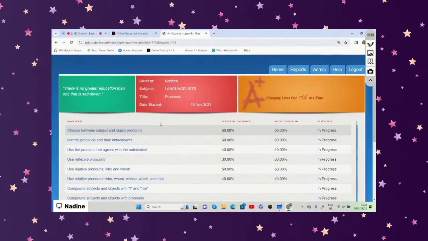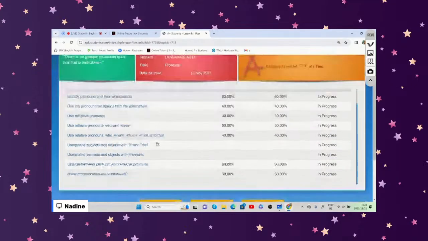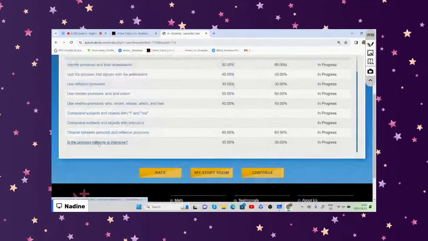But today we were able to identify personal pronouns as well as reflexive and intensive pronouns, right? Remember, a reflexive pronoun refers back to the subject, and it ends in self or selves, whether singular or plural.